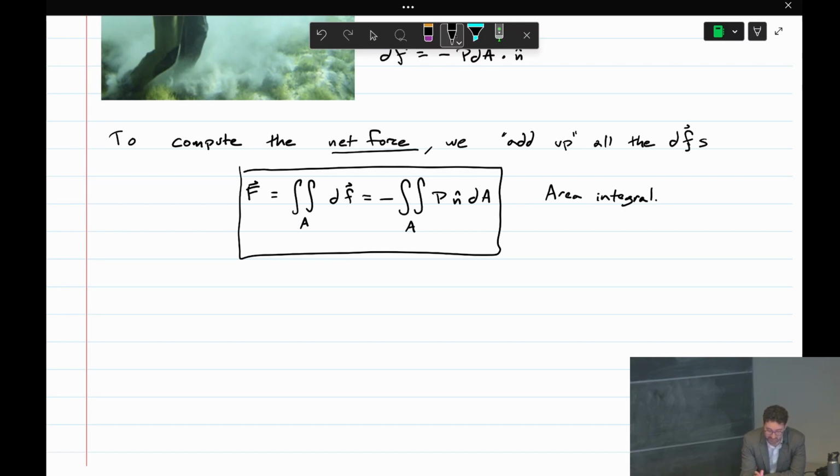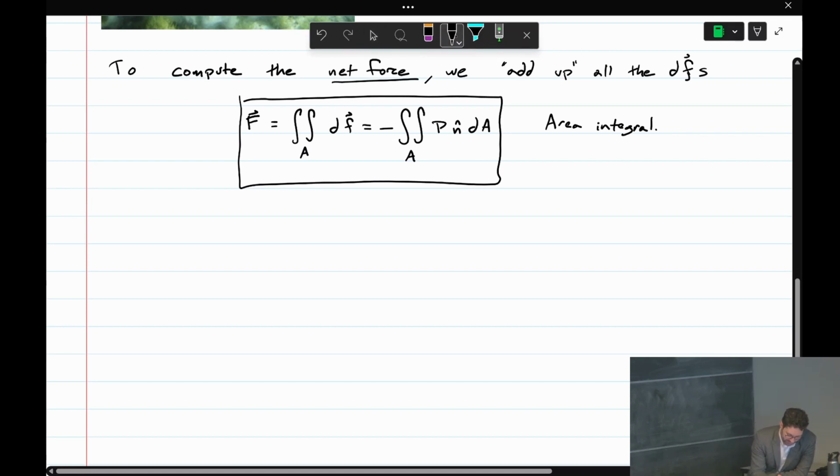The area integral means we are just going to add up using calculus the contribution of the forces on each of the individual surface elements. That's all this area integral is. So this is more of a concept. Very rarely can we actually evaluate this integral analytically. So you can think of it more as a concept. It's going to be an area integral of the local force.